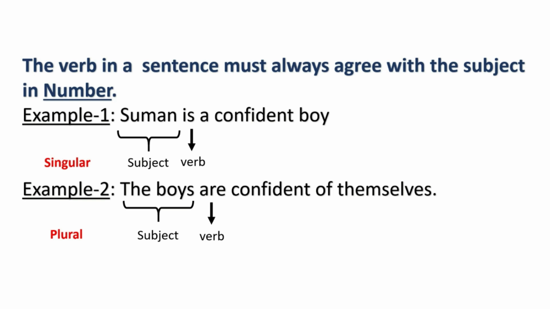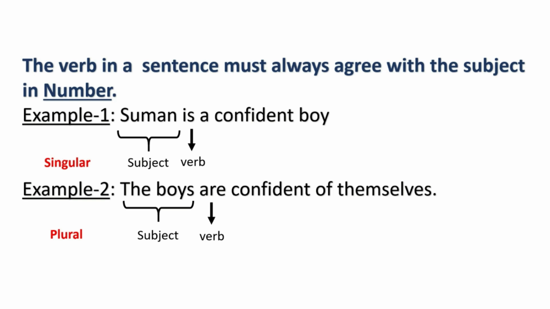Yes. Now in the first sentence you saw that Suman is singular, one person, and is, the verb used, is singular. And in the second sentence the boys is plural and are, the verb, is plural.